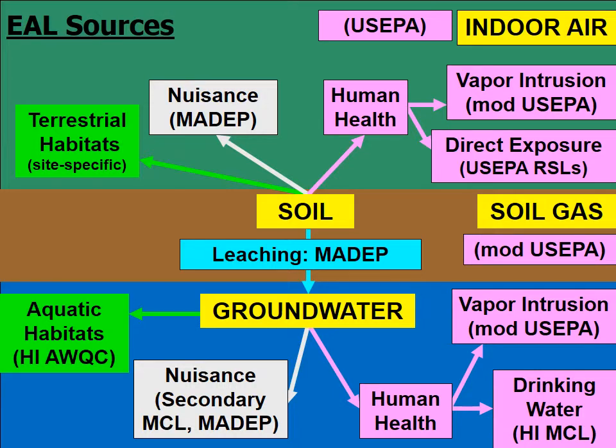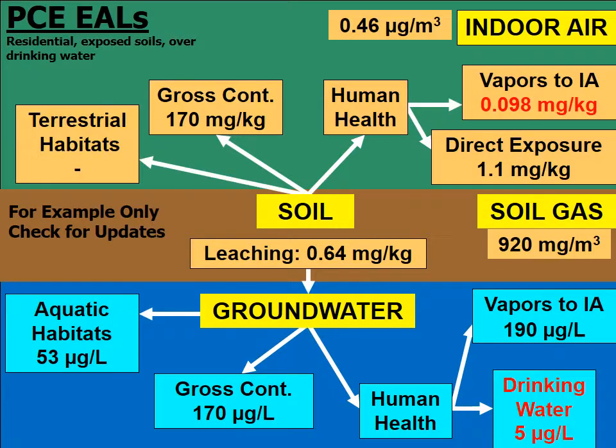For groundwater, for nuisance concerns, gross contamination, we refer to the secondary MCL for the contaminant, whether it's benzene or xylenes or whatever, if it's promulgated. The secondary MCL focuses on nuisance concerns. If not, then Massachusetts and several other agencies have published screening levels, action levels for taste and odor thresholds for chemicals in groundwater.